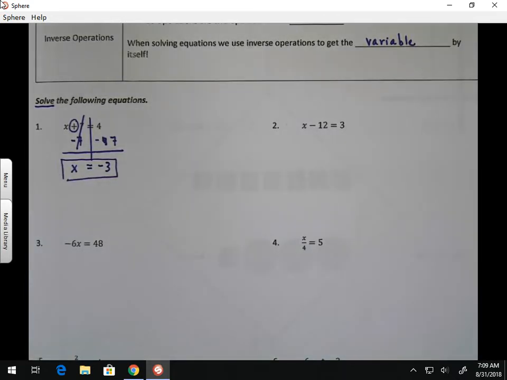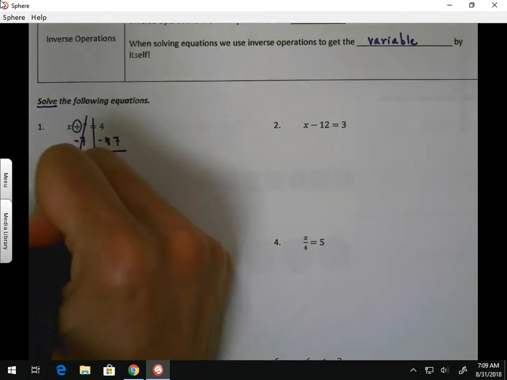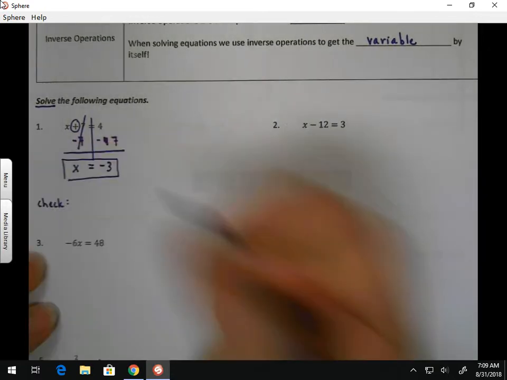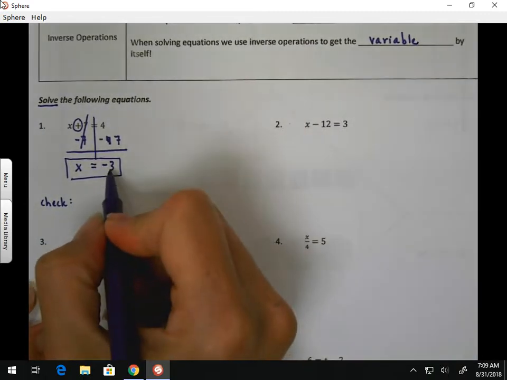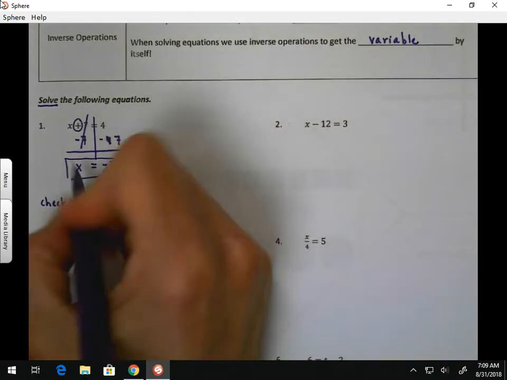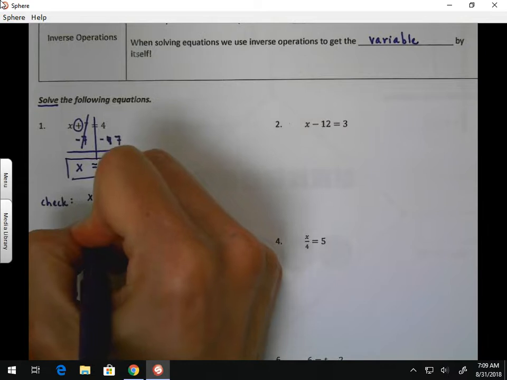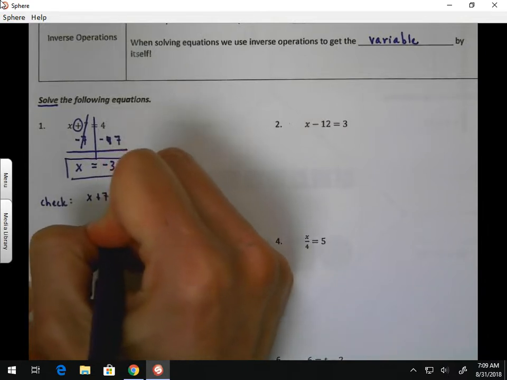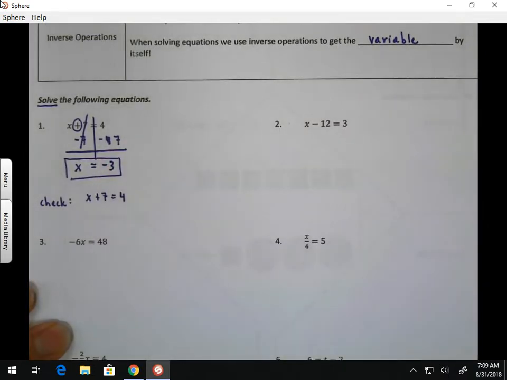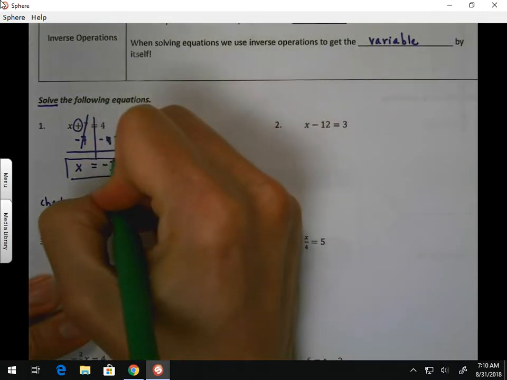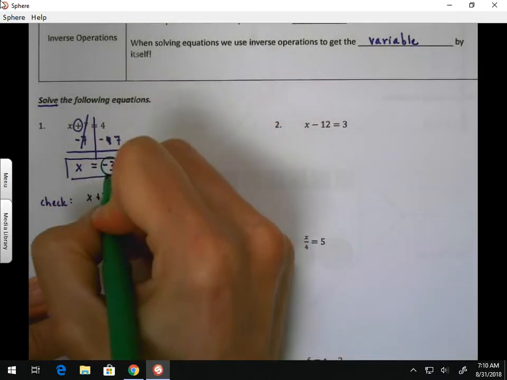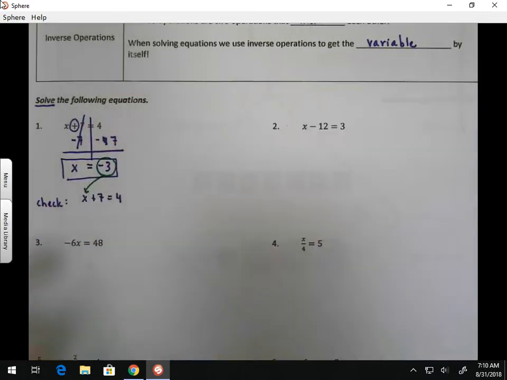Now, one thing I won't require you to do, but I highly recommend that you do, is check your answer. When we're solving, there's a really easy way to know if we're right or wrong. What I'm going to do is substitute my answer into the original equation. So my original equation was x plus 7 equals 4. I'm going to take my solution from my problem, negative 3, and substitute it for x.